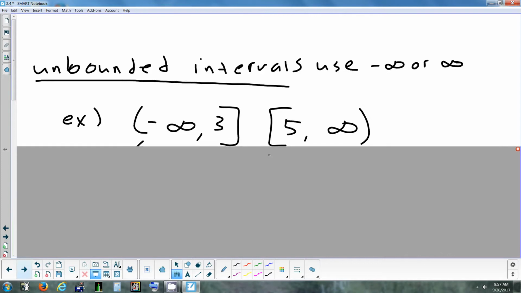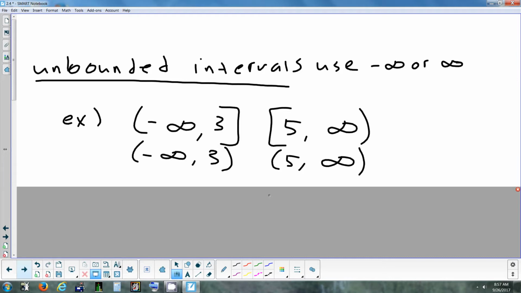All right. So in contrast to bounded intervals, we also have unbounded intervals. An interval is unbounded if it has the infinity or negative infinity symbol. These are unbounded. And with an unbounded interval, you always put a parenthesis on infinity. Those are the 4 different types of intervals you could have that are unbounded.